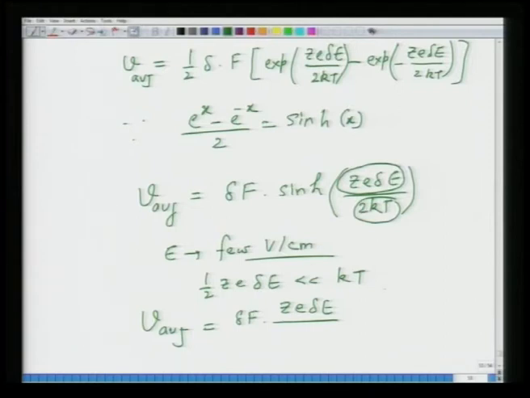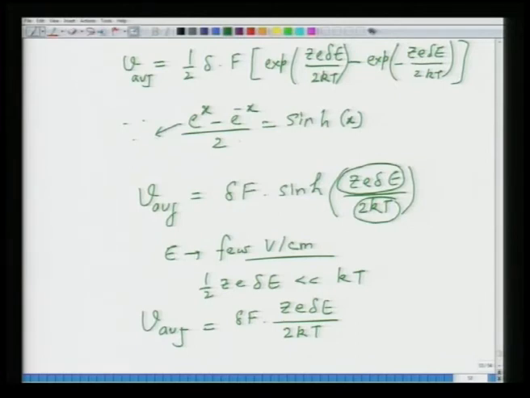Sine hyperbolic x is equal to e to power x minus e to power minus x divided by 2, and you can open up e to power x and e to power minus x.